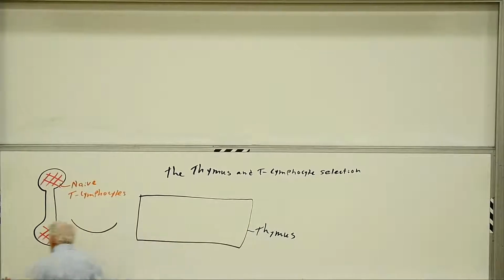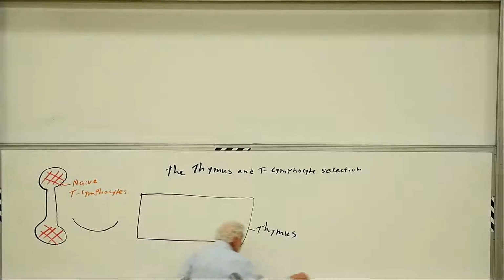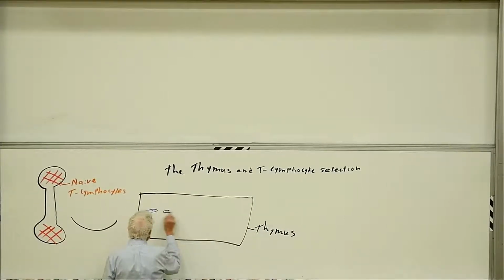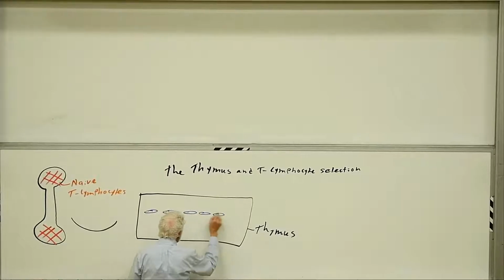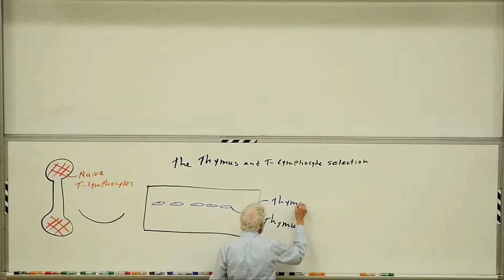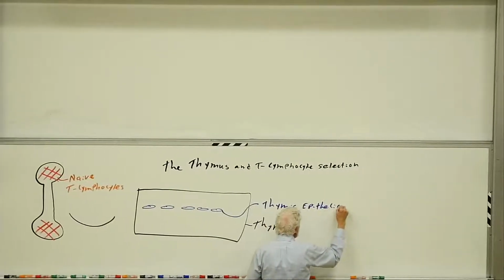Anatomically, the thymus is located sort of around the upper thoracic region. And when in the thymus, we have a whole series of epithelial cells. Draw these as kind of ovals. And I'm going to label these as thymic epithelial cells.